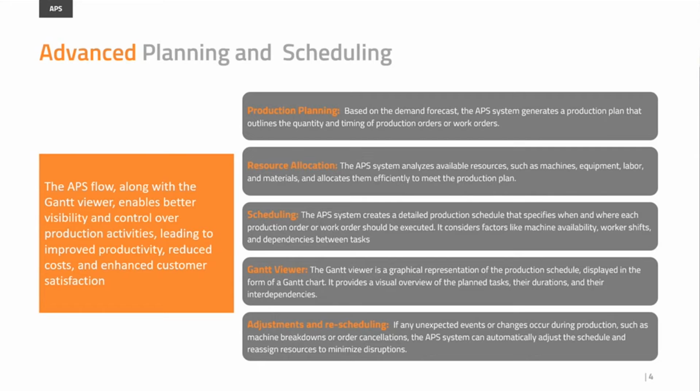For the scheduling, there's a detailed production schedule, and of course this can be automated, and I can also work with factors in there. So is the machine available, is my worker ready, and of course capacity is also scheduled by the APS.